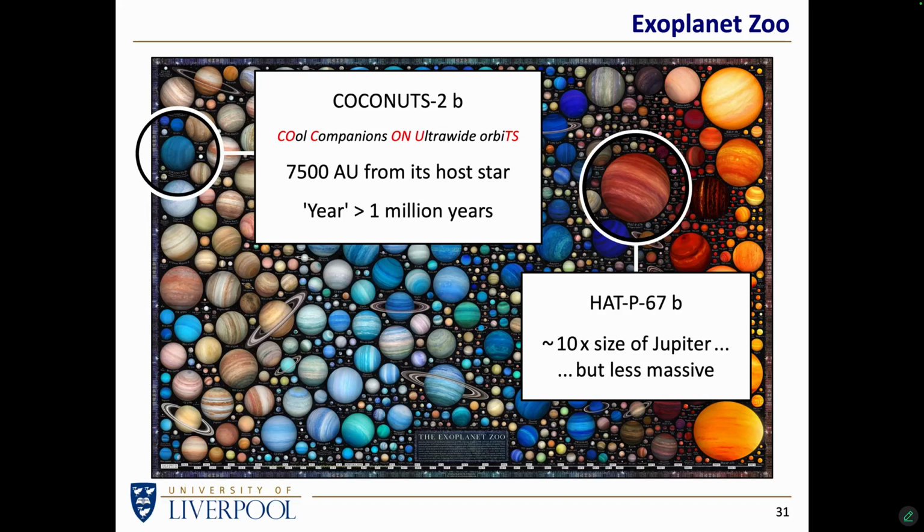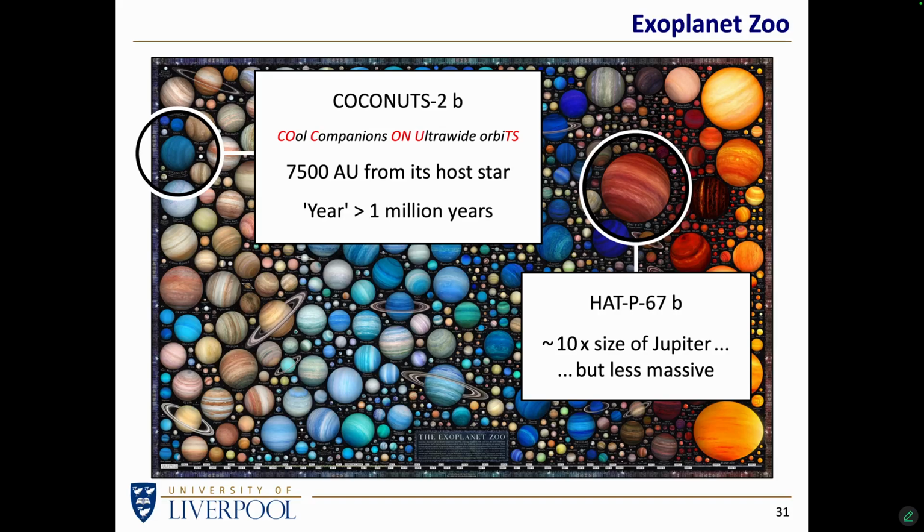So this planet is further from its star by a factor of 7,500 times compared to the distance from us to the Sun. As a consequence, it takes a long time to orbit its host star. We take 1 year to go round the Sun. It takes about 1,000,000 years to go round its star.